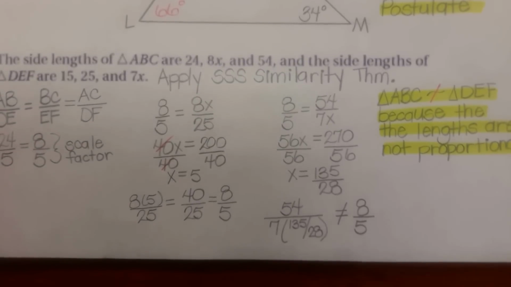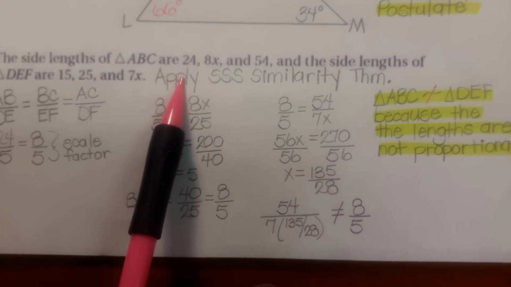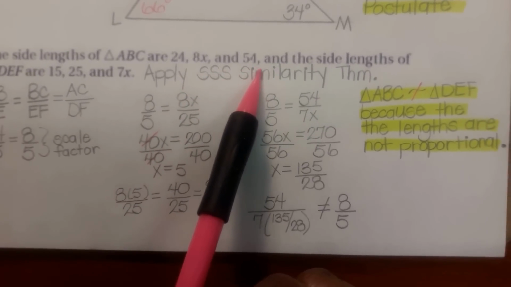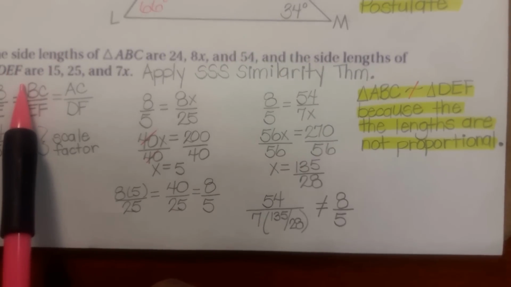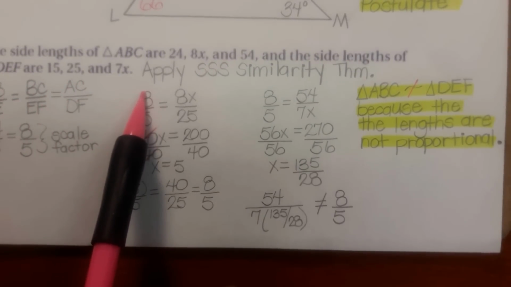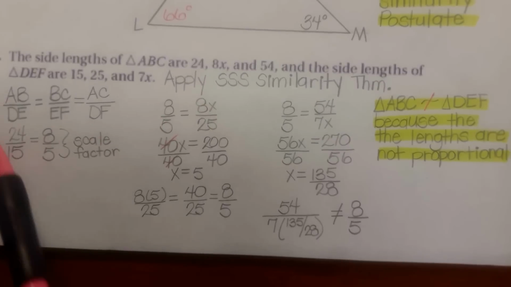Number 17. The side lengths of triangle ABC are 24, 8x, and 54, and the side lengths of triangle DEF are 15, 25, and 7x. So I want to apply the SSS similarity theorem.